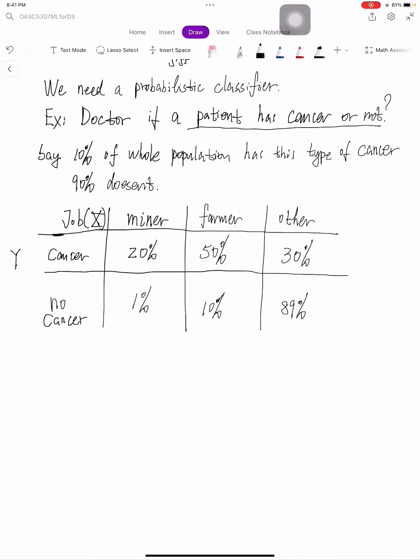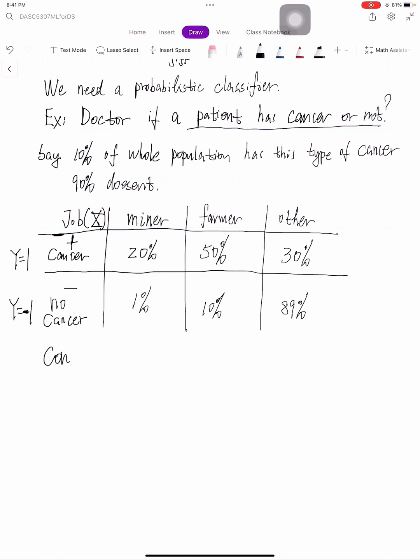If we ask his job and he is a farmer, can we guess he has cancer? We want to know, if the new patient is a farmer, can we guess whether this farmer has cancer or not? Probably you are not sure, right?